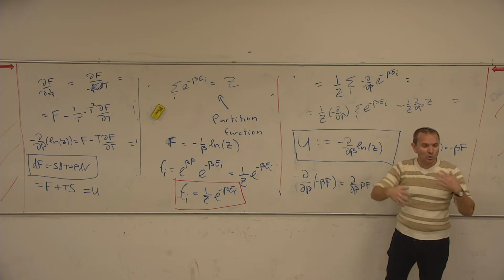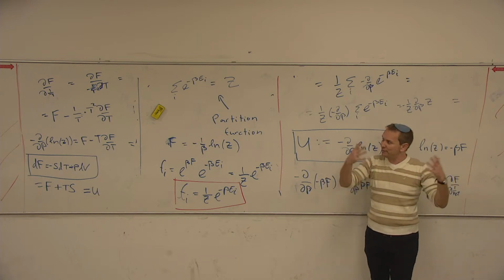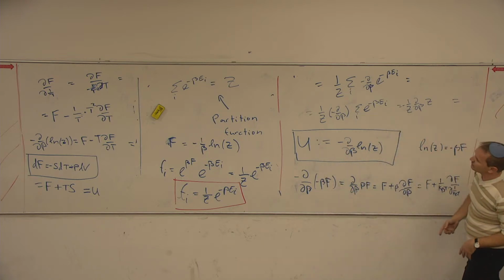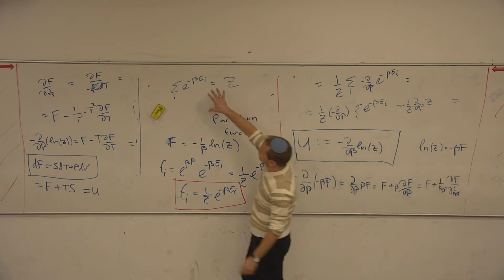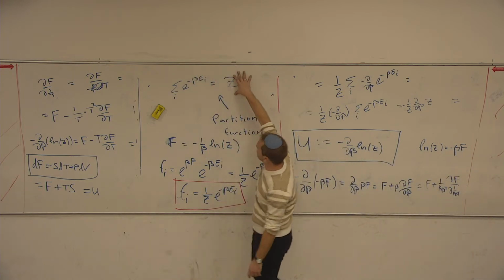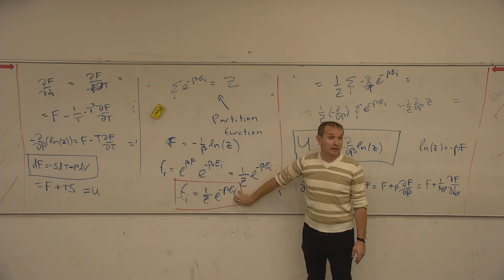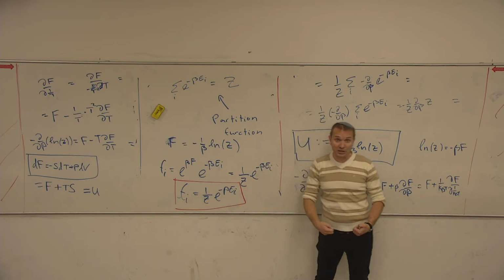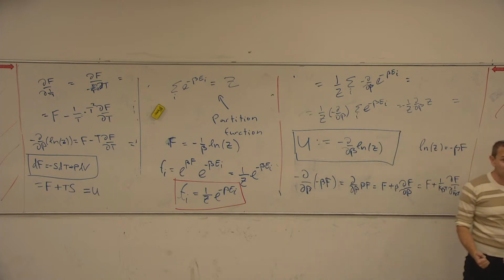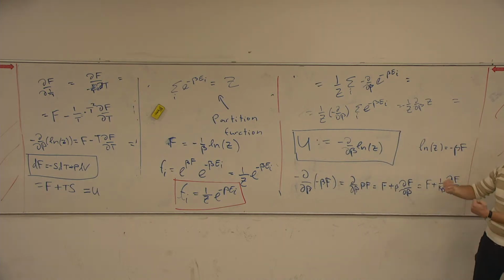We computed the probabilities and obtained a formula for them. We computed the partition function. This was the formula. And then I said, let's check if our assumption about the average energy was correct. And this is indeed what happens.